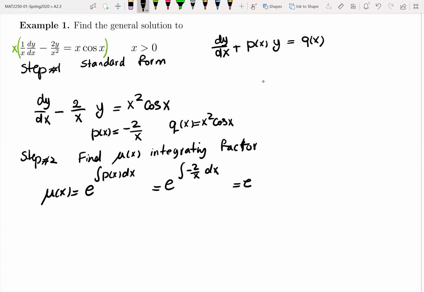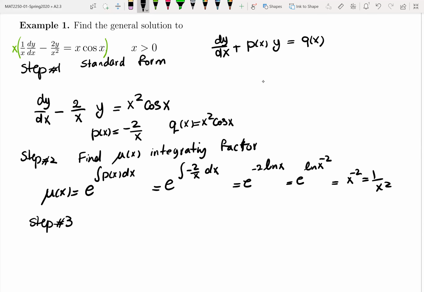So that is e to the negative 2 natural log of x, and then this is e to the natural log of x to the negative 2. So that gives you x to the negative 2, or 1 over x squared. As I said, that's the most important part. I need to have the most simplified form for the mu.